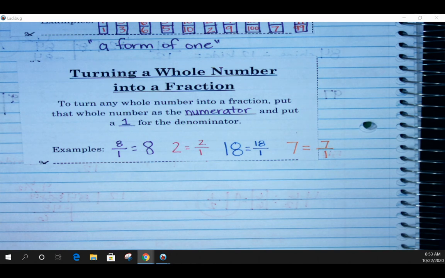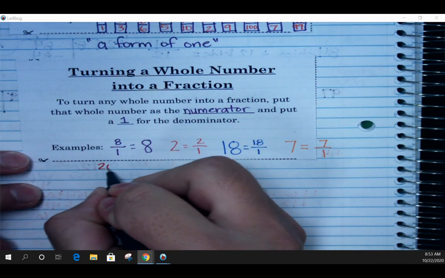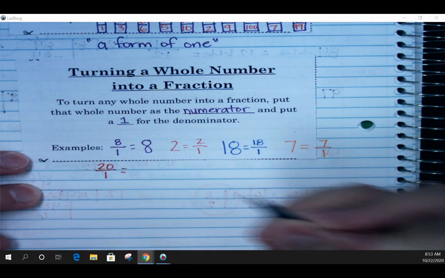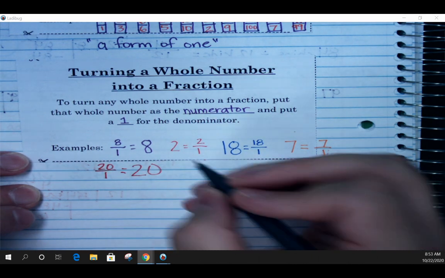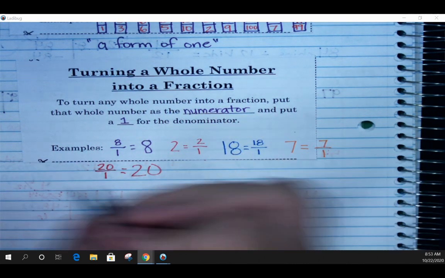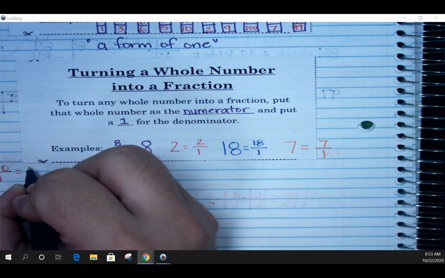Okay, I'm going to take one from each group. Blake, what did your group come up with? 20 over 1 equals what? 20. Okay, Troy, what did y'all come up with? 60 over 1. Equals what? 60.